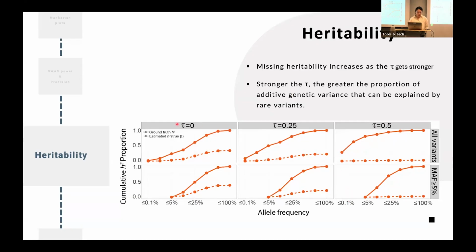But under tau of 0 architecture, it is mainly the common variants that contribute to the heritability the most. So, using simulated data, we can measure exactly how much of the trait variance is explained by the discovered variants and how much still remains unexplained.